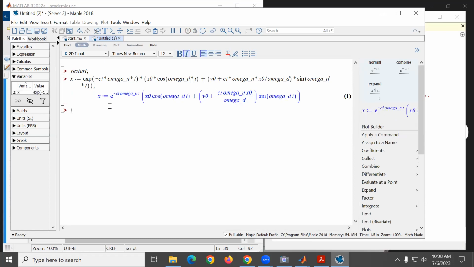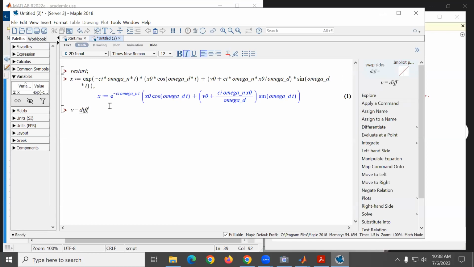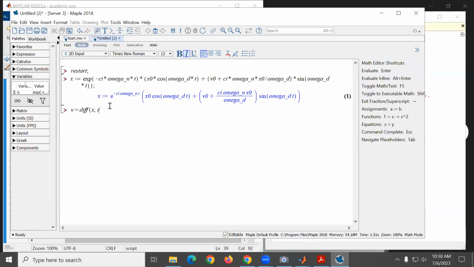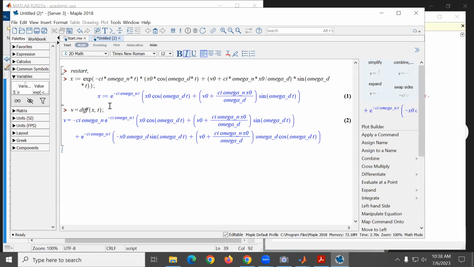Okay, and now what I would do, I would just say v equal to differentiate x with respect to t. And here we go, no? Yeah? I mean, maybe I could say, I don't know if it's going to do anything.